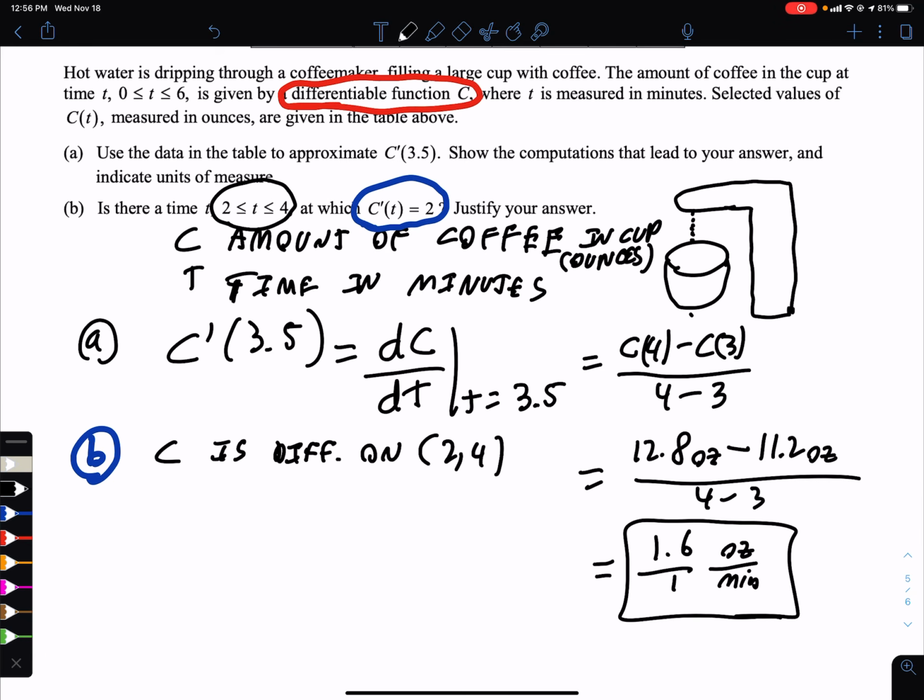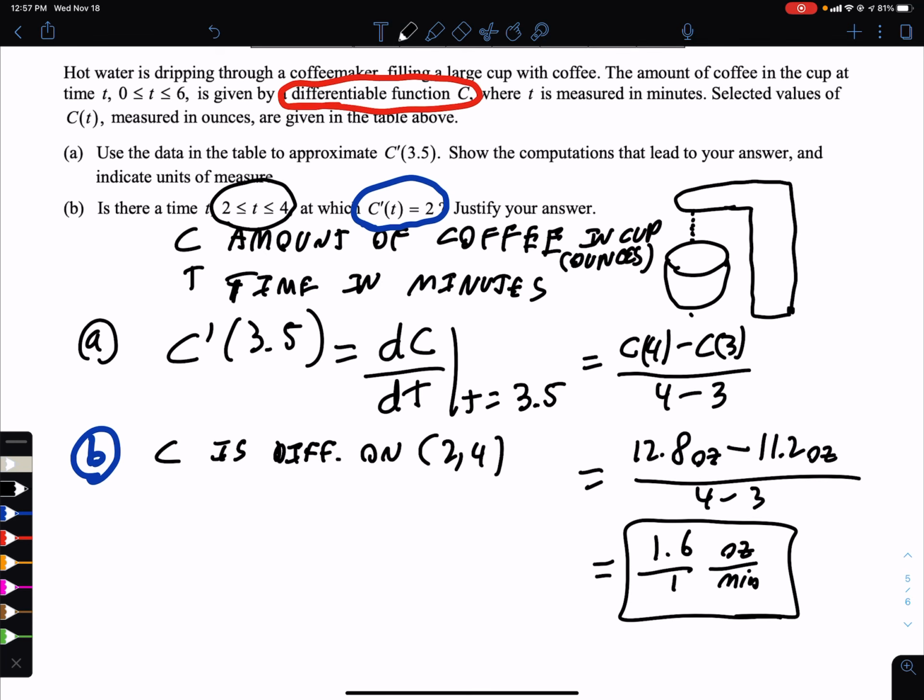Now, here's the thing. You have to know, if something's differentiable, it must be continuous. That's part of the guarantee. That's part of the things you know. If it's differentiable, it must be continuous. Now, the converse doesn't work. If something's continuous, it doesn't mean it's differentiable because there could be a sharp point.